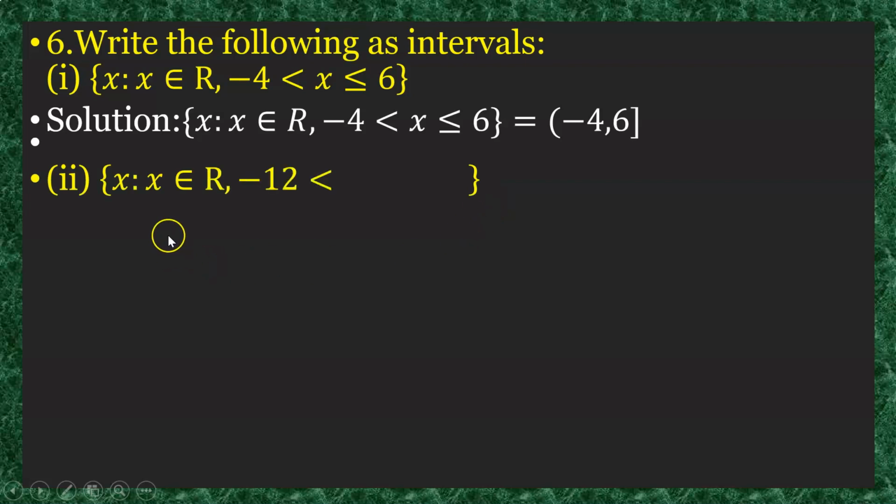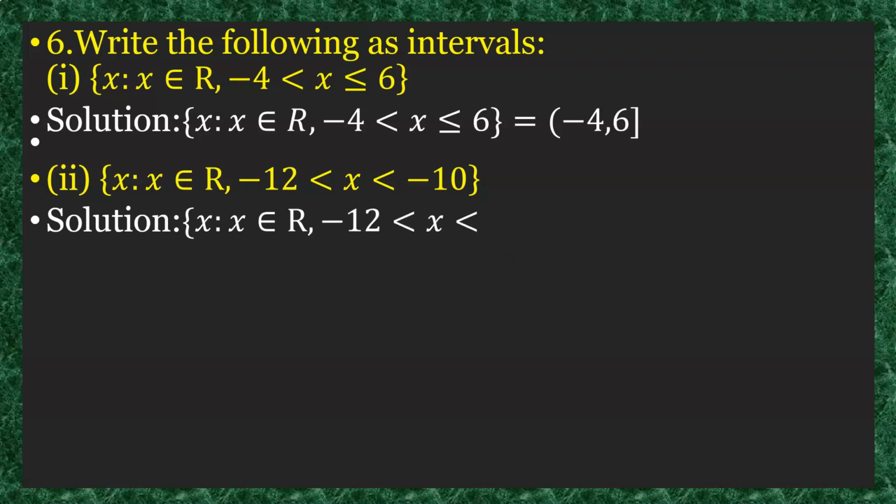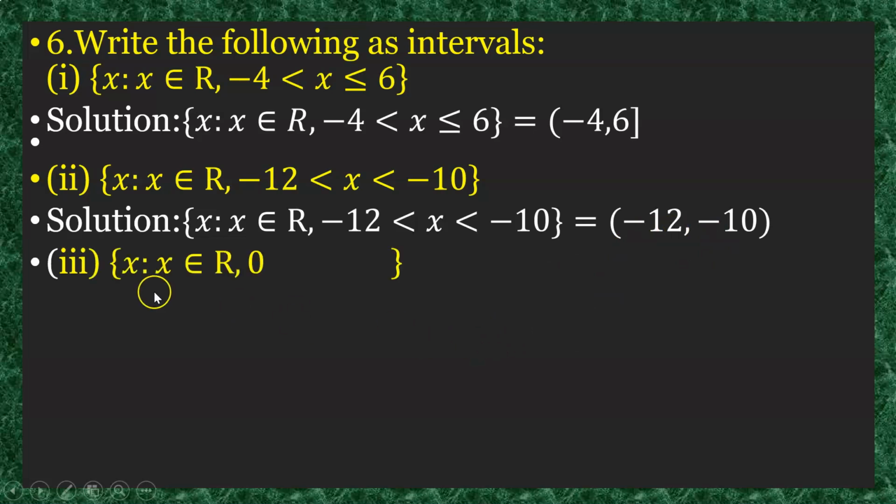Next is x is such that x belongs to the set of real numbers and x lies between minus 12 and minus 10. It's clear that it's an open interval, minus 12, minus 10. Next is x is such that x belongs to the set of real numbers and x lies between 0 and 7.